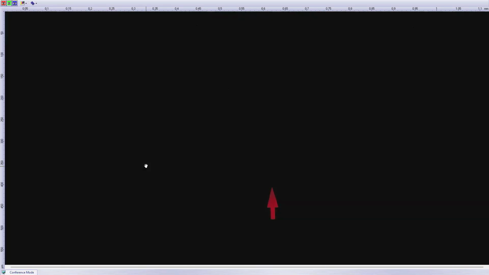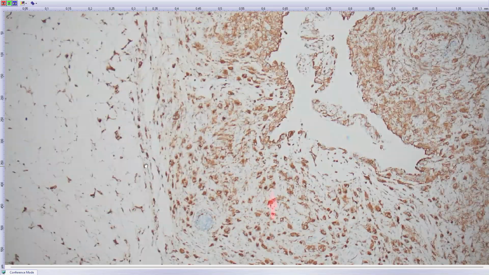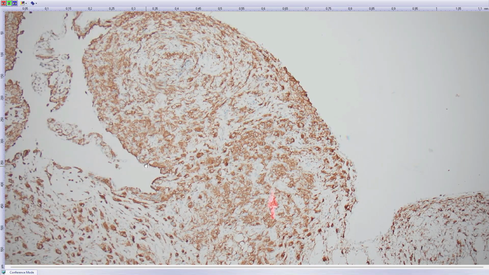So diffuse nuclear positivity in the epithelioid looking cells. Whoever doesn't like PU.1, you can use CD163. I think it's sometimes much harder to read, but not in this case. So diffuse positivity with histiocytic markers, diffuse positivity with S100.